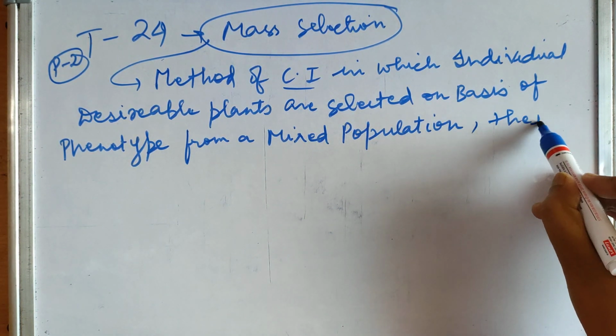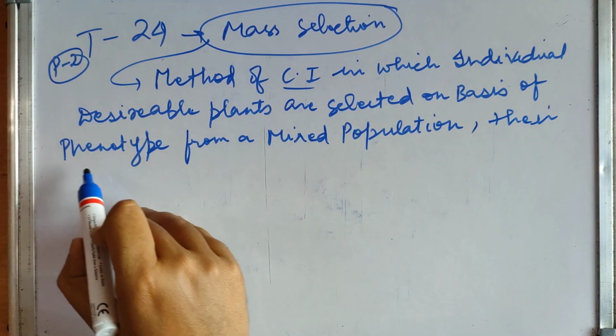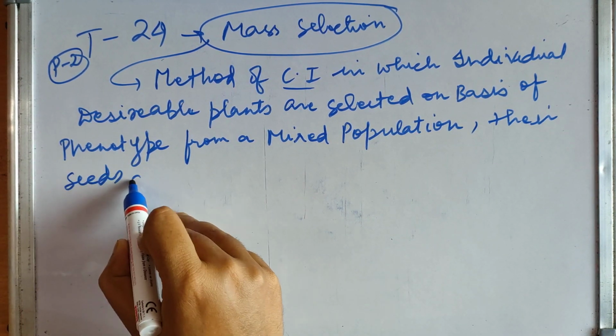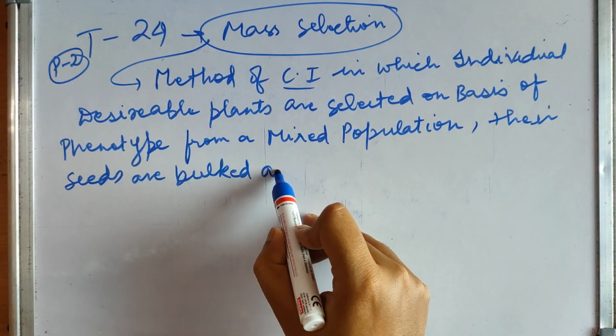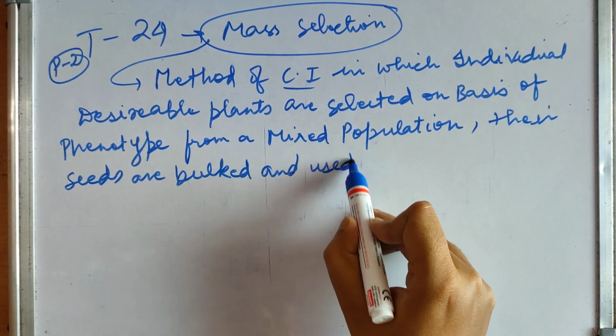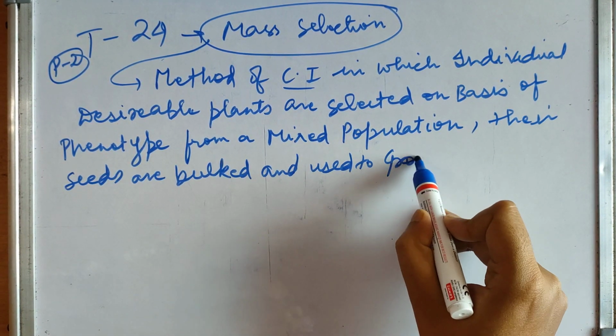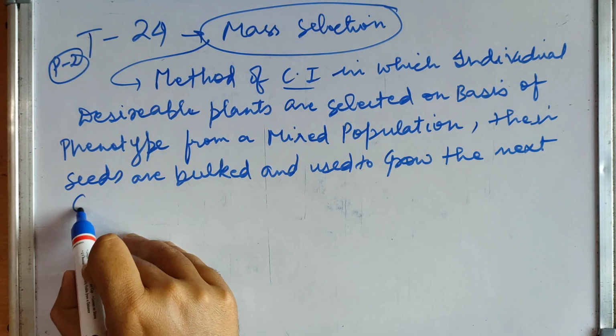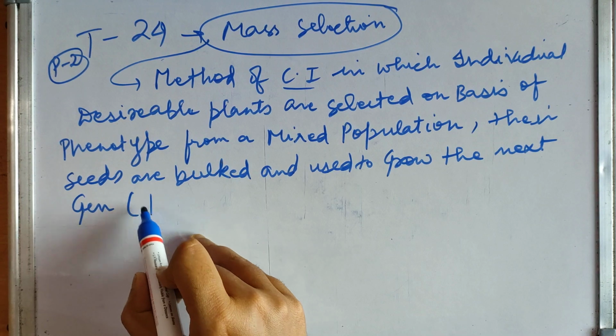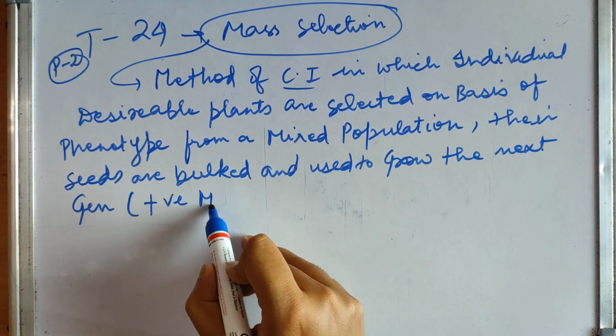After selecting, their seeds are bulked and used to grow the next generation. So this is positive mass selection.